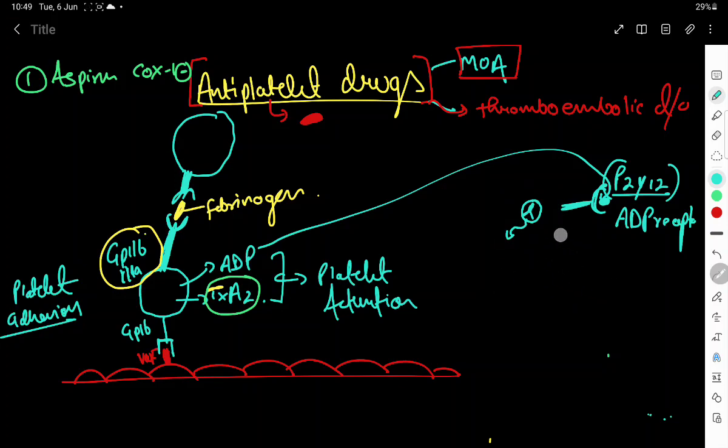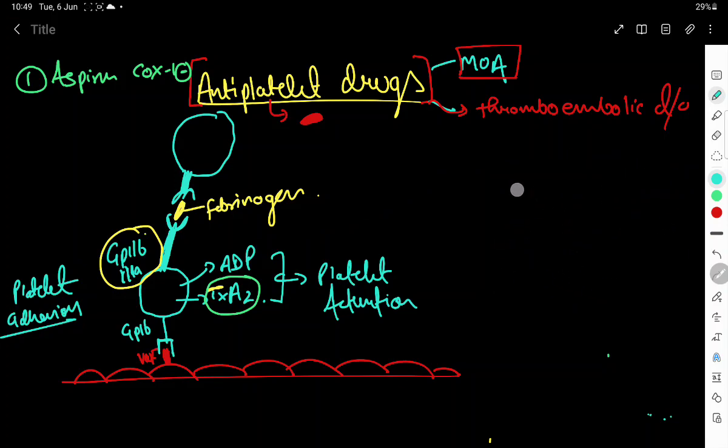We need to remember that the P2Y12 or ADP receptor is present over the surface. So if we give an ADP receptor antagonist, that will lead to decreased expression of GP2B3A, decreased platelet aggregation, so we will see an antiplatelet effect.